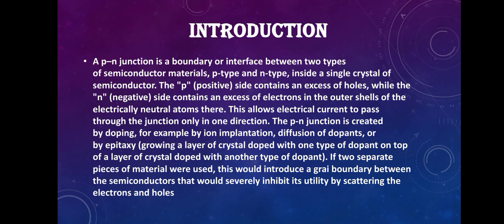If two separate pieces of material are used, this would introduce a grain boundary between the semiconductors that would severely inhibit its utility by scattering the electrons and holes.